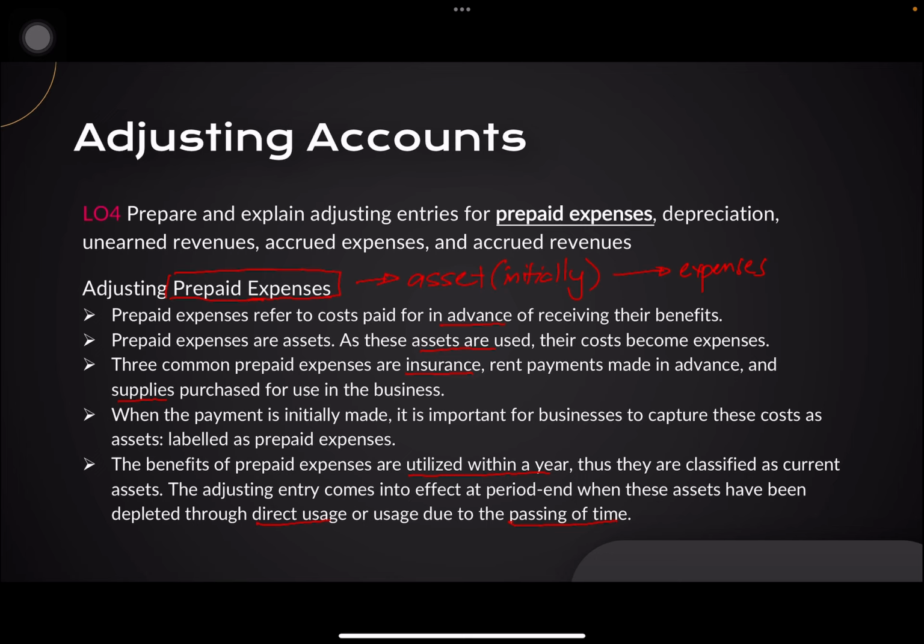You have here insurance, and you would have here rent. So that is an example of the passing of time. For direct usage, an example would be your supplies. In the succeeding slides, we will be discussing what is the approach when we analyze direct usage and how we recognize the passing of time.